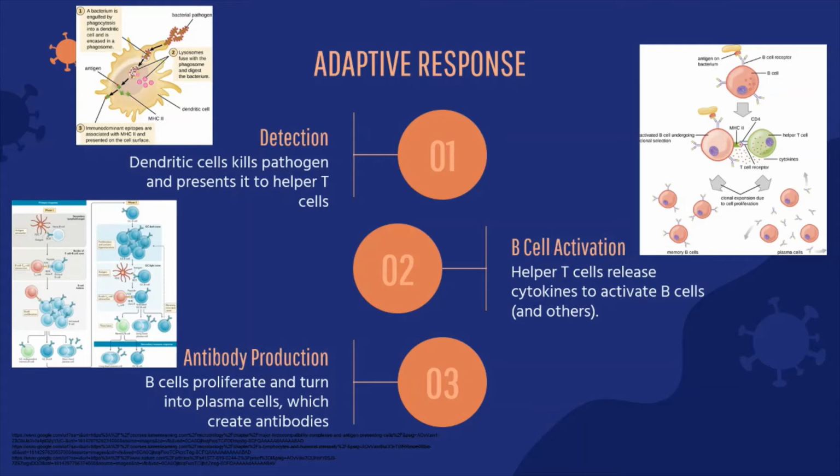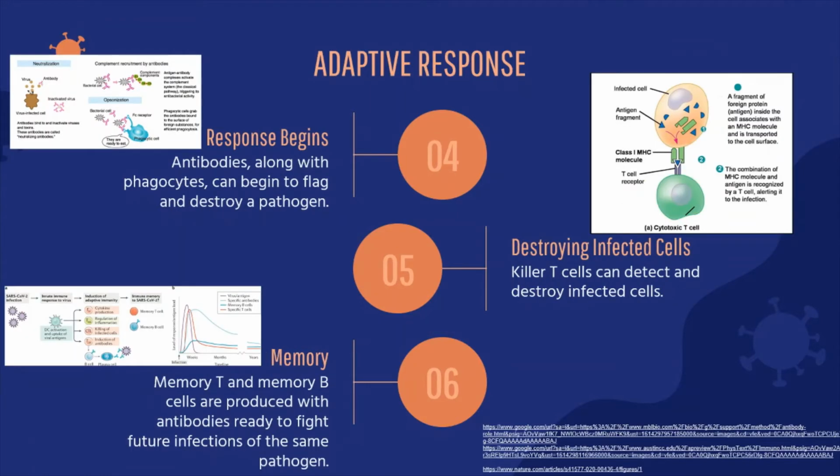So antibodies will start to be made. These antibodies will be very important in flagging and destroying a particular pathogen. So the response begins, and antibodies will flag certain pathogens for destruction. In addition to that, many cells of your own body may be infected by the pathogen, and different types of white blood cells called killer T cells will destroy infected cells.